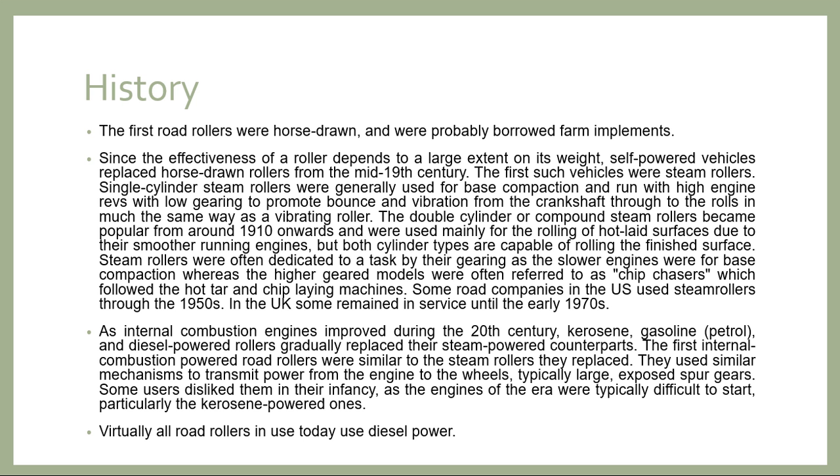These were used mainly for rolling hot tar surfaces, and were popular due to their smooth running engines, but both cylinder types are capable of rolling the finished surface. Steam rollers were often dedicated to a task by their gearing, as they are slower engines. The higher geared models were often referred to as chip chasers, which follow the hot tar and chip laying machines.